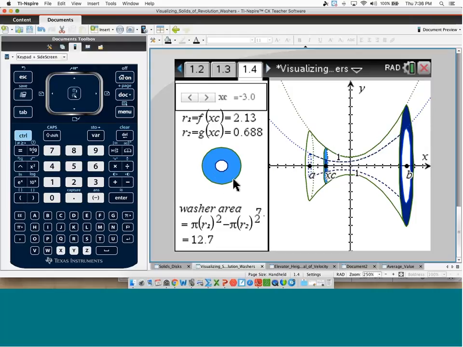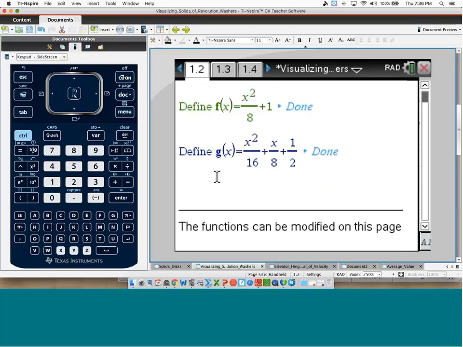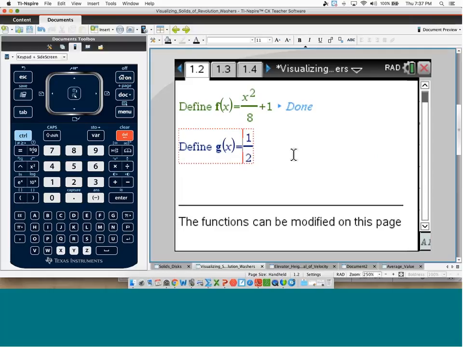Drew, did you want to go back and try to change a function, maybe change the inside radius to something? Sure. We could define that to just be 1/2, for example, and let them see. Yeah, let's just see what happens if we change the function to 1/2.